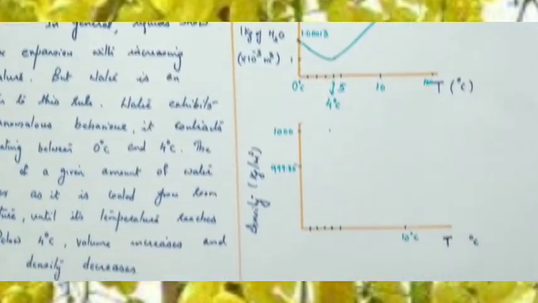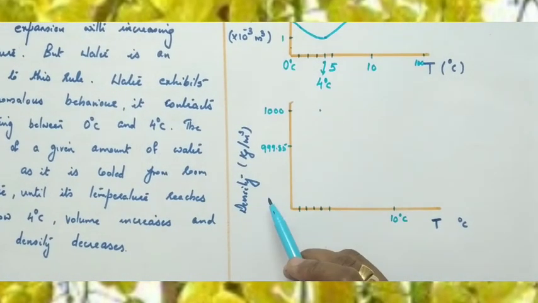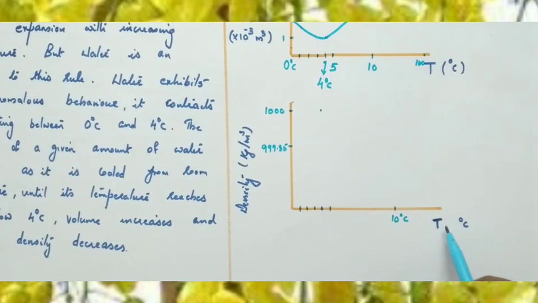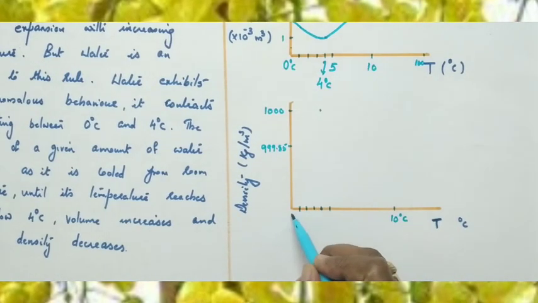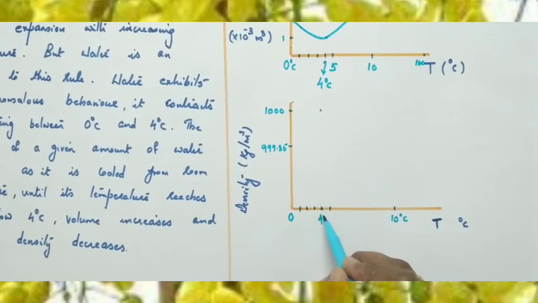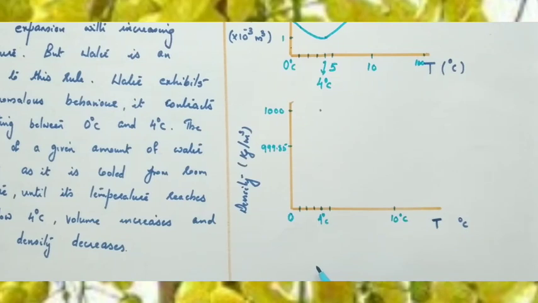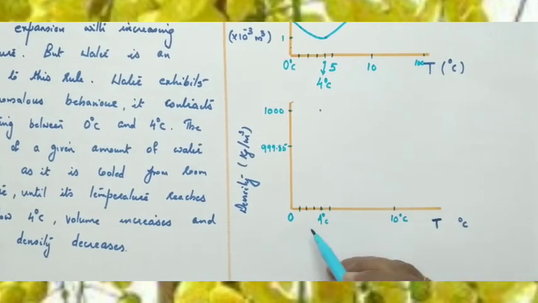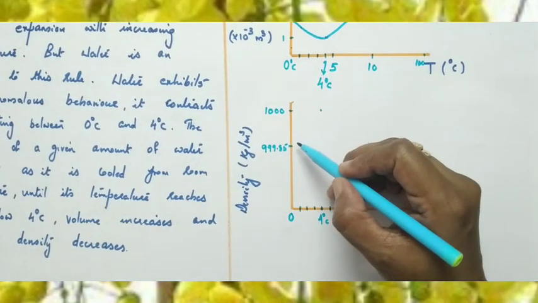Clear? Similarly, if a graph is plotted with density along the y-axis and temperature along the x-axis, here again this is 0 degrees Celsius, 1, 2, 3, 4. This corresponds to 4 degrees Celsius and this is 5 degrees Celsius. So if a graph is plotted with temperature and density, what happens?